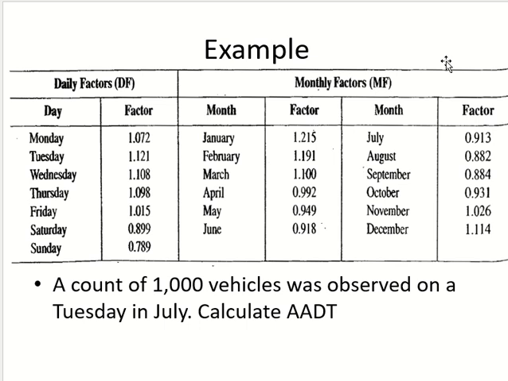For this location I only have this one value, so I cannot call it AADT. I have to convert this into AADT using the factors for the day and the month in which it was taken. The count is 1,000 vehicles.